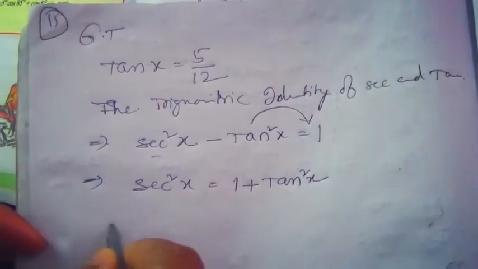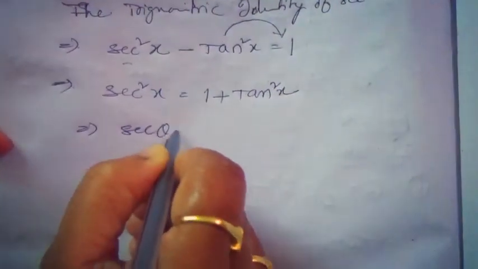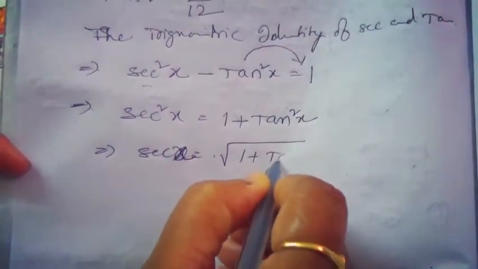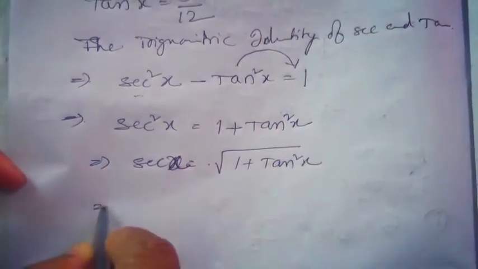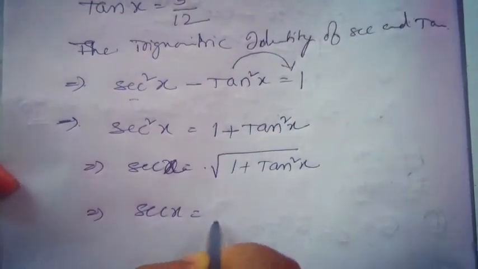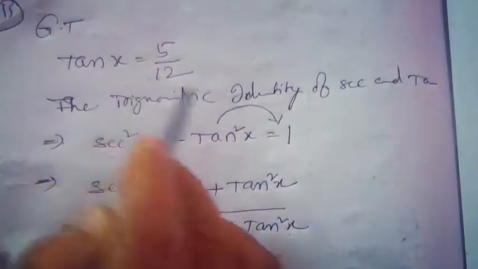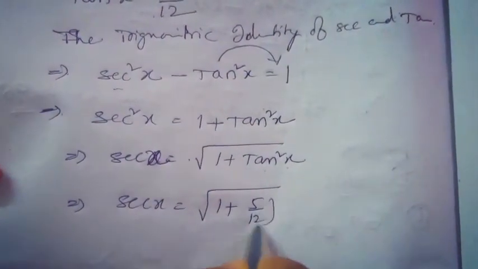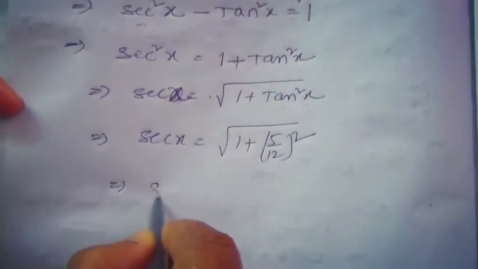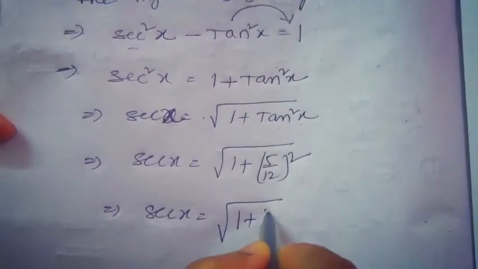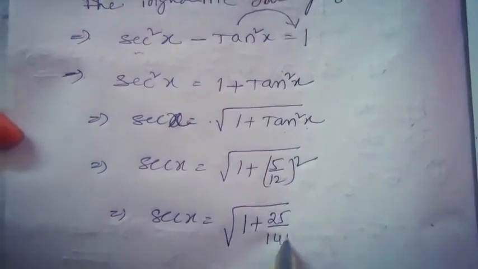That implies secant x is equal to square root of 1 plus tan square x. Tan x value is 5 by 12, whole square. That implies secant x is equal to square root of 1 plus 25 by 144.